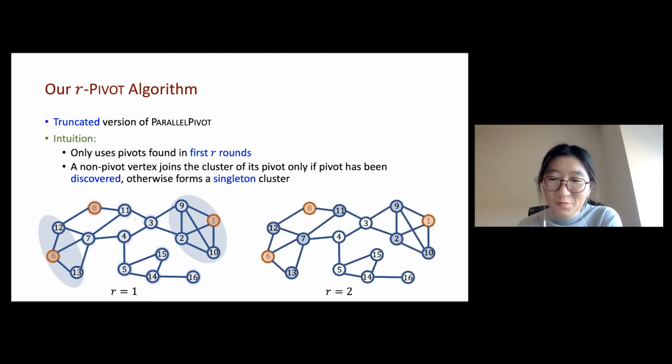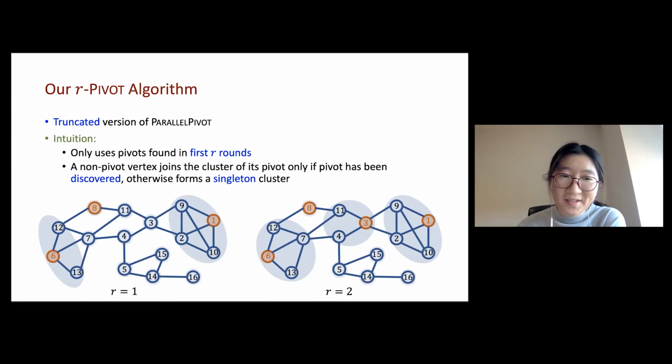And if we run R-pivot for one more round, then in round 2, we'll mark this vertex 3 as a pivot, and this will be the final output clustering.